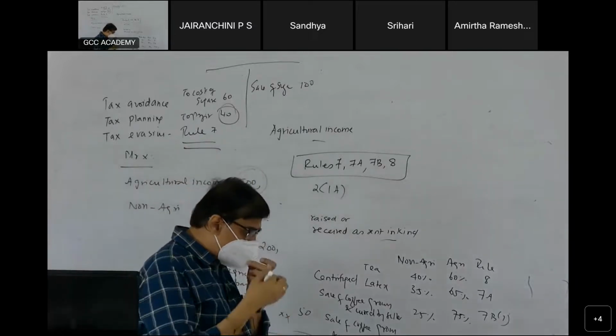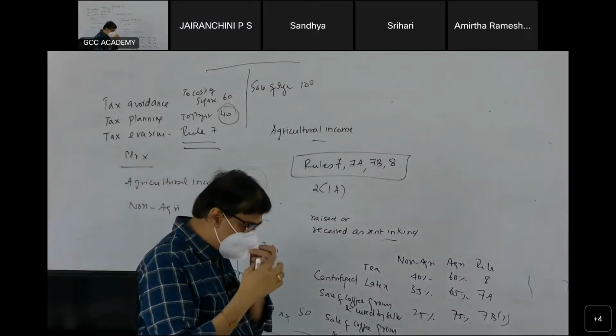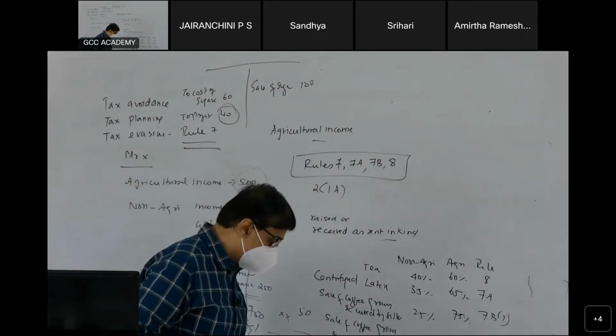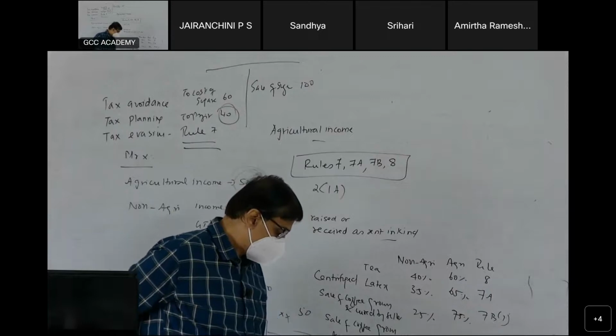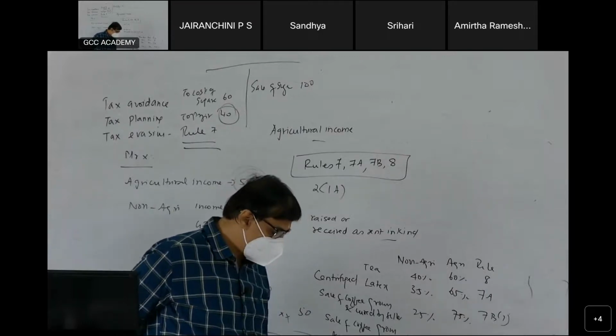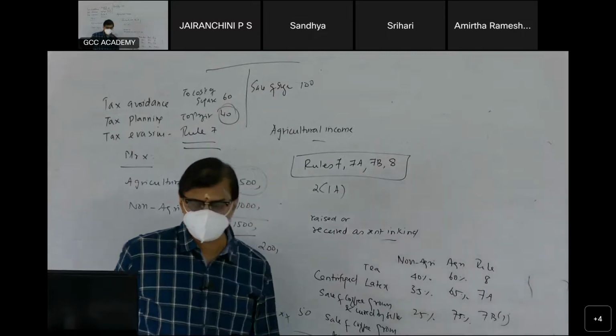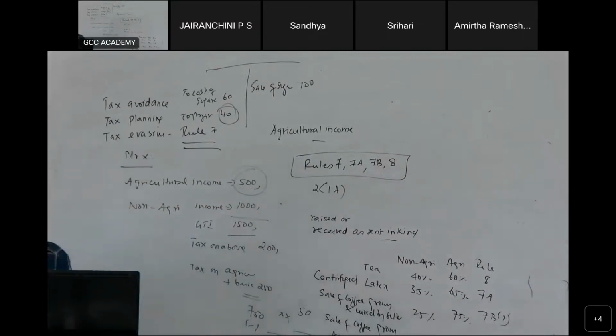So make a note for disintegrating or splitting a composite income. Disintegrating of composite business income, which is partly agricultural and partly non-agricultural.